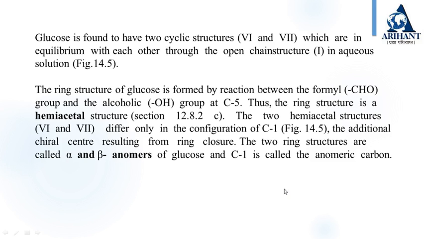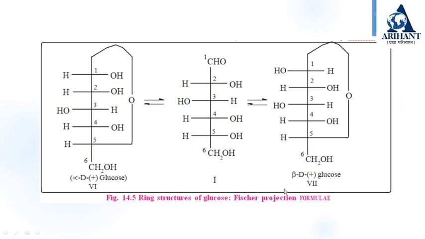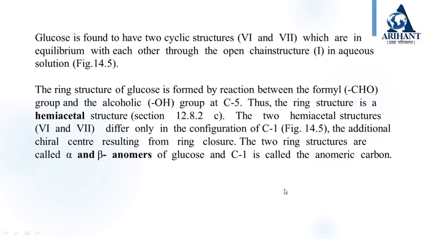Glucose is found to have two cyclic structures which are in equilibrium with each other through the open structure in aqueous solution. So we have seen these two cyclic structures in the last slide. The ring structure of glucose is formed by reaction between the formyl CHO group and the alcoholic OH group at carbon number 5.